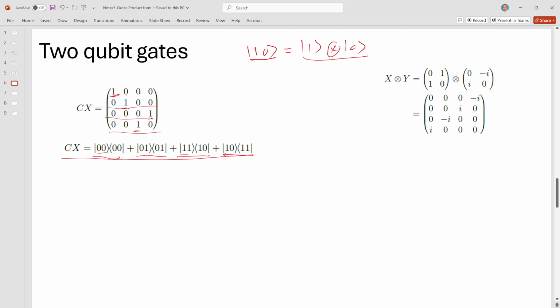Okay, so let's apply this CX gate to the 0 0 state, and we know what should happen. Because this is the control qubit and this is the target qubit, and the control is in 0, nothing should happen, so we should get 0 0. Let's see if this matrix does this for us or not.